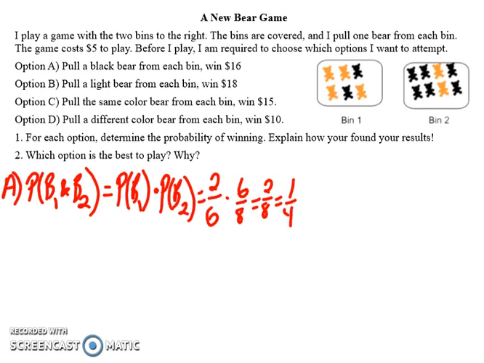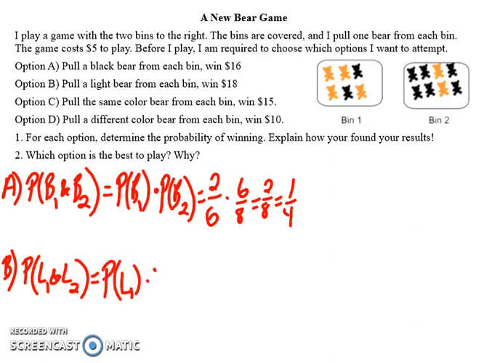Now with B, I'm pulling a light bear from each bin, so that's the probability of a light bear on the first one and a light bear on the second one. So since they're independent, I know I'll just multiply the probabilities of each of these separately. So I have a 4/6 chance in the first bin and a 2/8 chance in the second one.